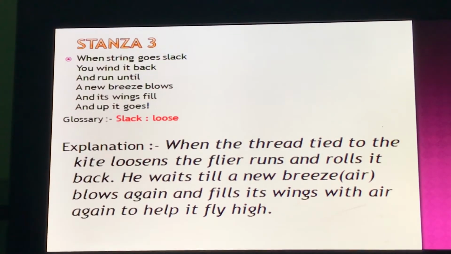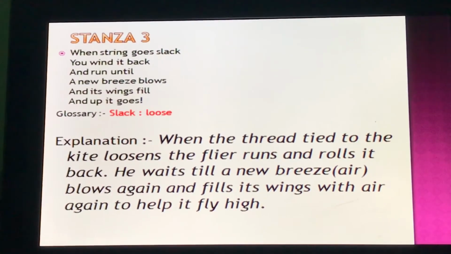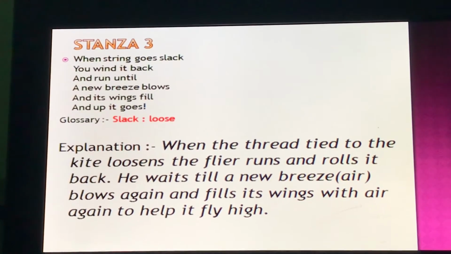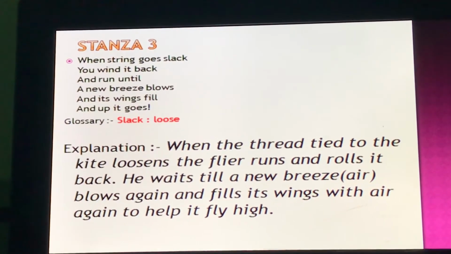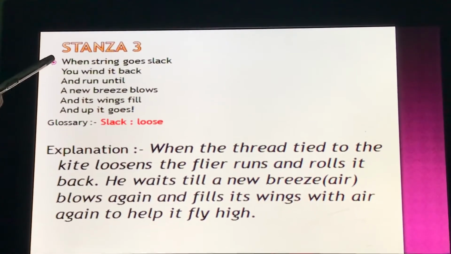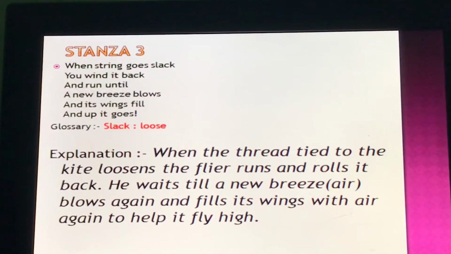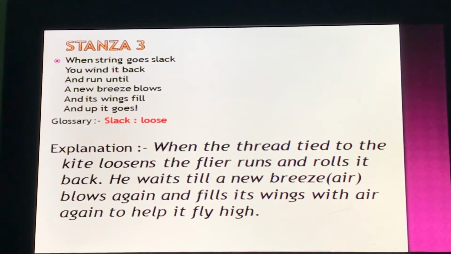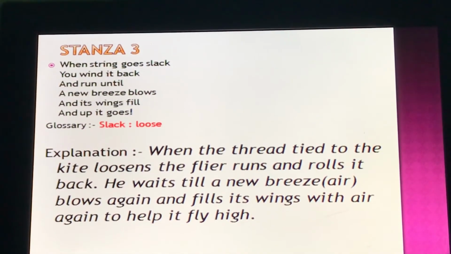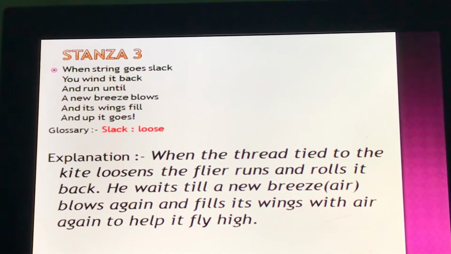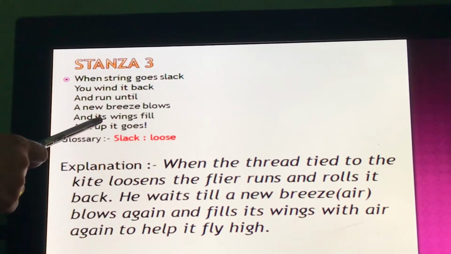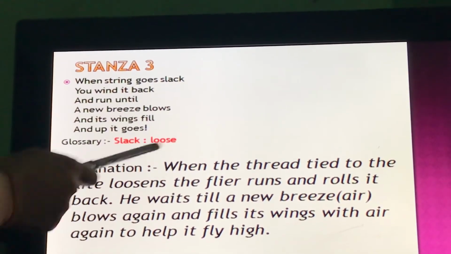You means the flyer. He waits till a new breeze blows again and fills its wings with air again to help it fly high. When its string becomes loose, the flyer runs and winds it, and at the same time waits for a new breeze. When the new breeze comes, it starts flying again.